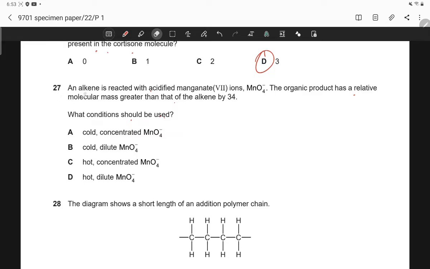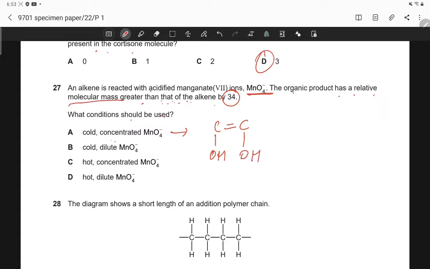Look at this. An alkene is reacted with acidified manganate ions, MnO4. The organic product has a relative molecular mass greater than that of the alkene by 34. When reacted with cold dilute MnO4, where there is a double bond, OH is formed.